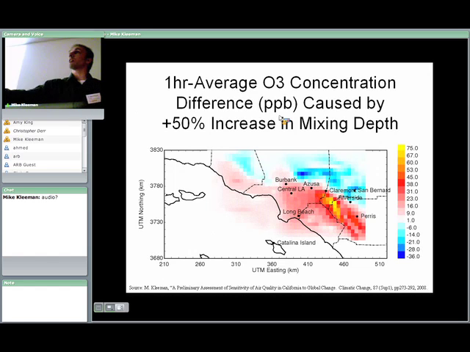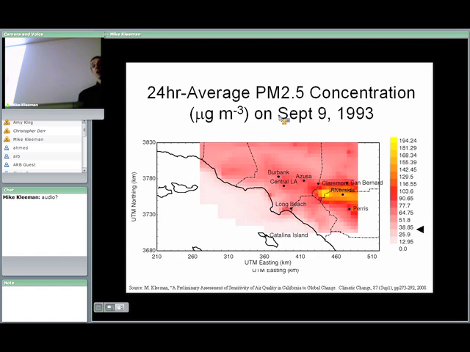It's reducing the NOx concentration, and you get more ozone formation in response to that. So in NOx-quenched regions, when you raise the height of the mixing depth, you actually get more ozone formation. And it would be predicted for central Los Angeles, at least, that you would get almost 60 or 70 parts per billion of additional ozone formation in response to that.